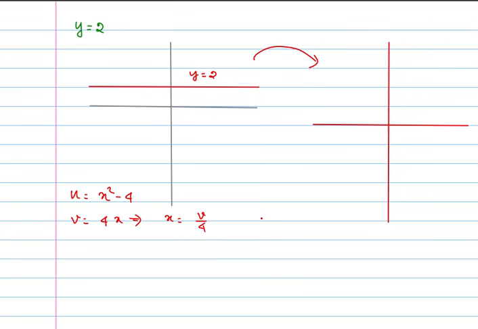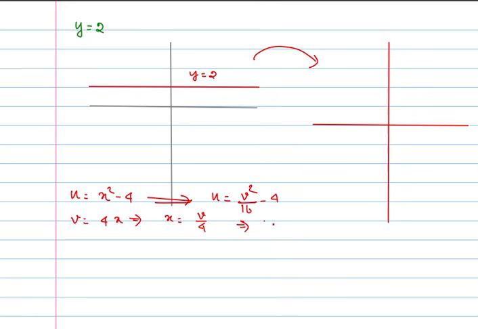You apply in the first equation: u equal to v square divided by 16 minus 4, since x is v by 4 and x square is v square divided by 16.